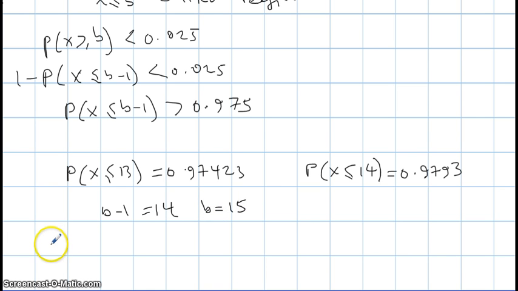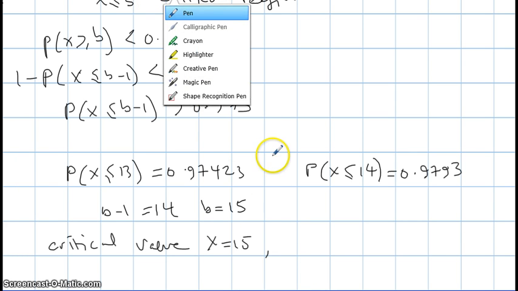So on the upper end of the distribution, our critical value is when x equals 15, and the critical region is when x is greater than or equal to 15.